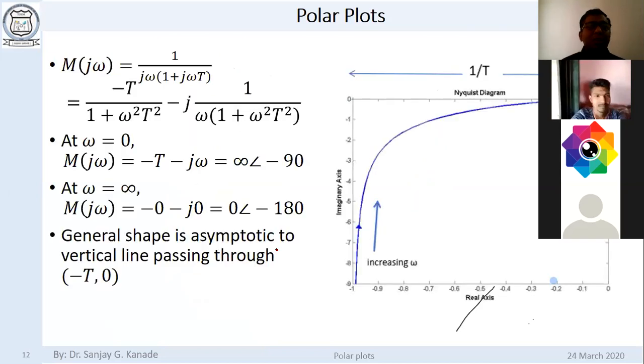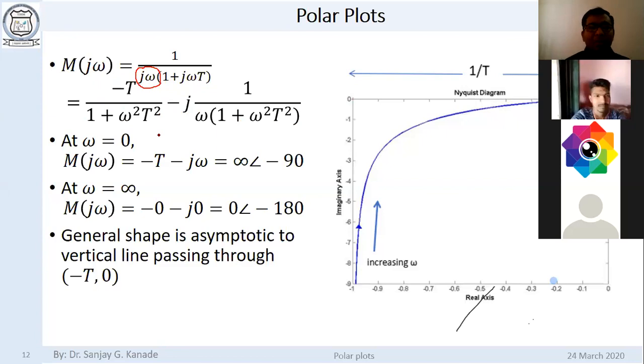Now, what we have added here is an integrator. We have added an integrator in the system. Here is a first order factor in the denominator and an integrator is added. So what we did in the previous case, we are doing the same kind of thing, simplifying the equation, and we get the real and imaginary parts of the equation.